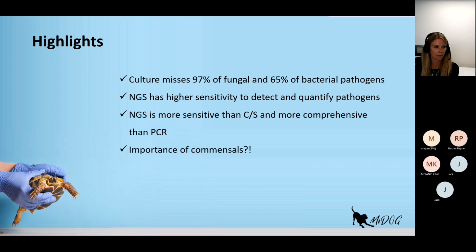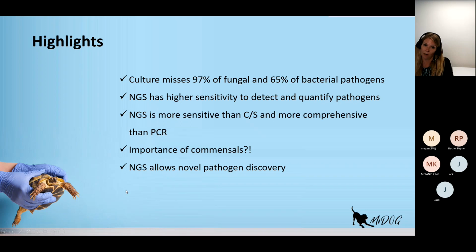And this is how NGS is more comprehensive than PCR testing. It's not limited to a panel. It's more sensitive than culture in detecting antimicrobial resistances. It has highlighted the importance of commensals and even at what point a commensal can turn pathogenic, and it allows for novel pathogen discovery.